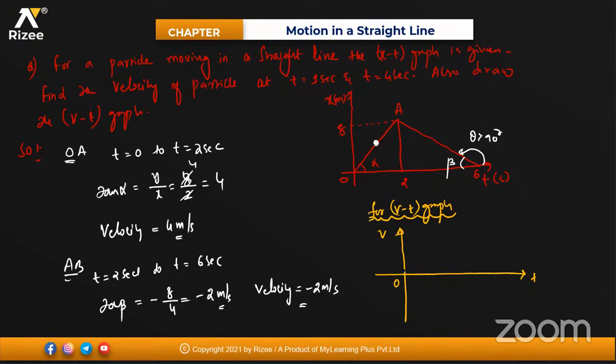So it will be 1, 2, 3, 4, and it will be constant up to 2 seconds. Then from 2 to 6, velocity is negative, minus 2. It is coming like this up to 6 seconds. So this will be your v-t graph. Clear?